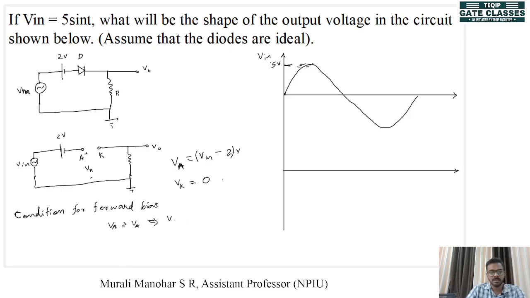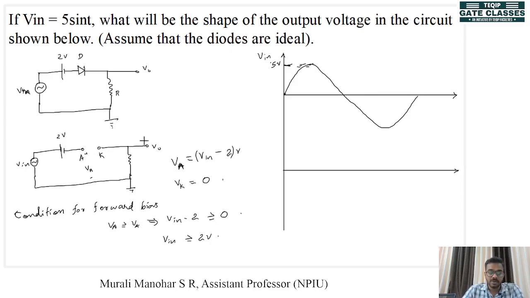That means V in minus 2 must be greater than or equal to 0 volts, or V in must be greater than or equal to 2 volts. So when V in is greater than or equal to 2 volts, our diode is on, right?